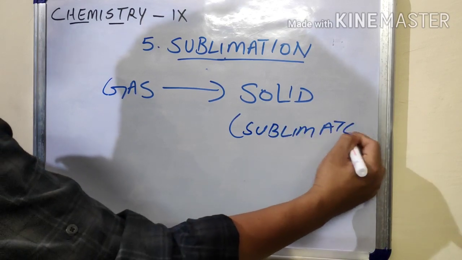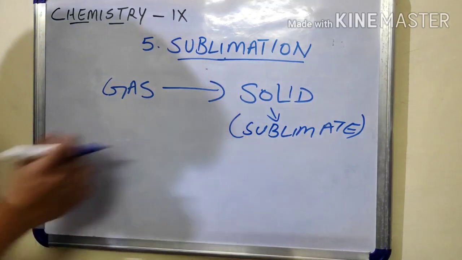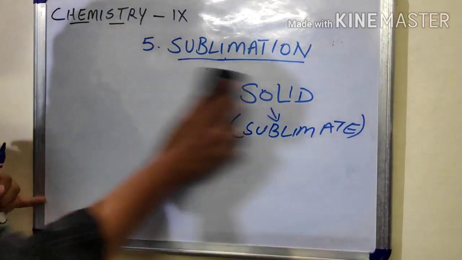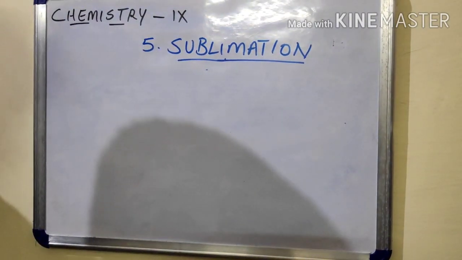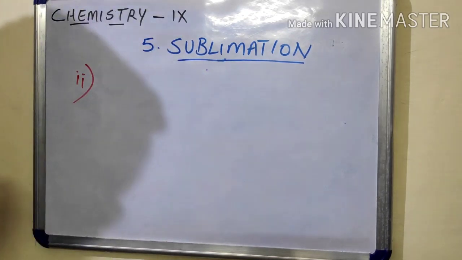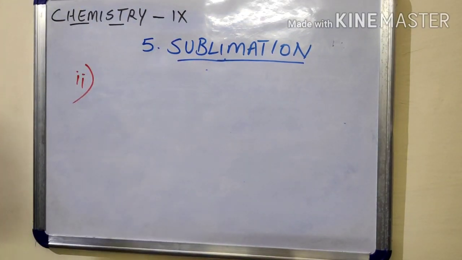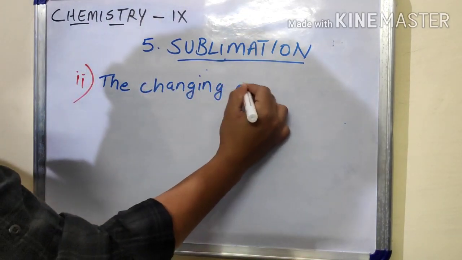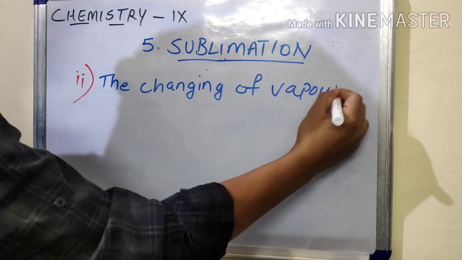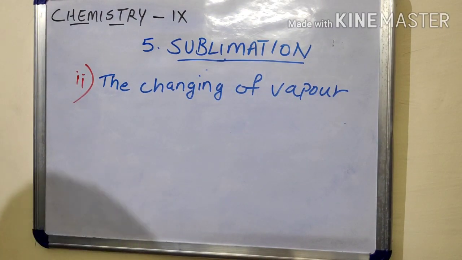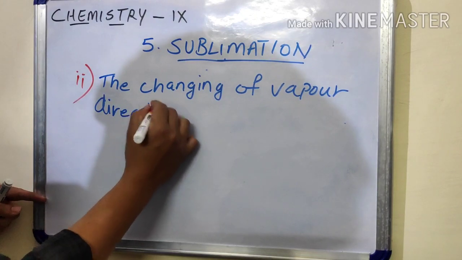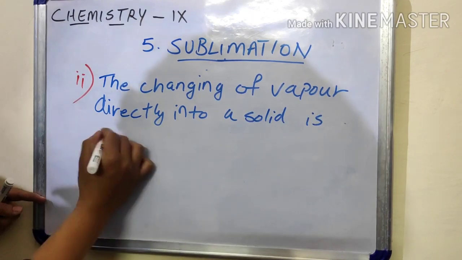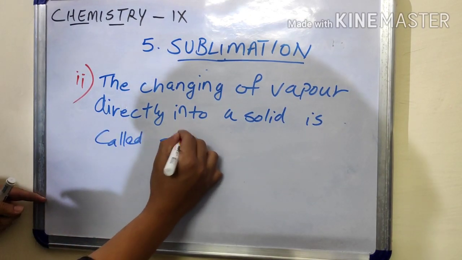When a gas is directly cooled to a solid, it's called a sublimate. So in this also you can write another definition, definition 2. You can write the changing of vapor directly into a solid is called sublimation.